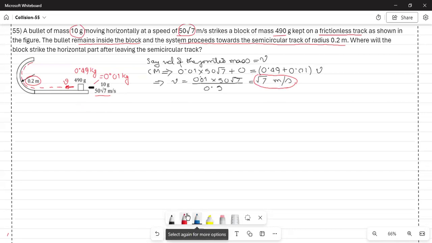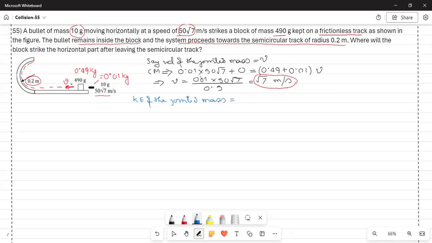Then what is the kinetic energy of this jointed mass? Because why we want to find out the kinetic energy?